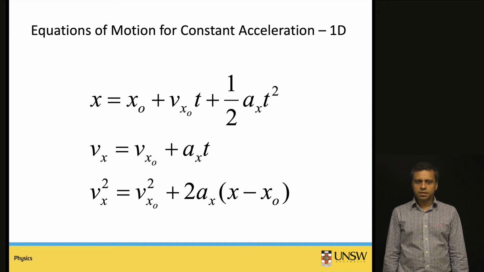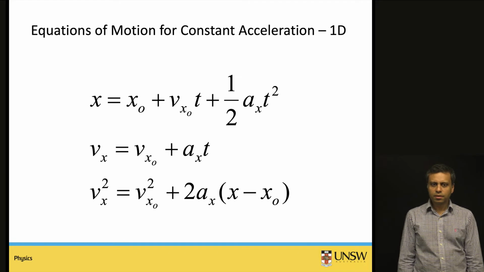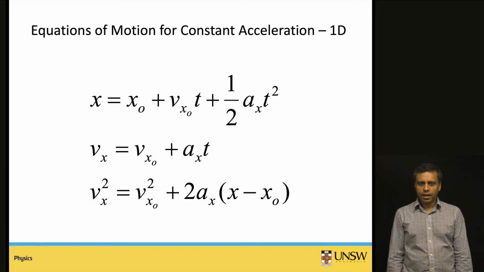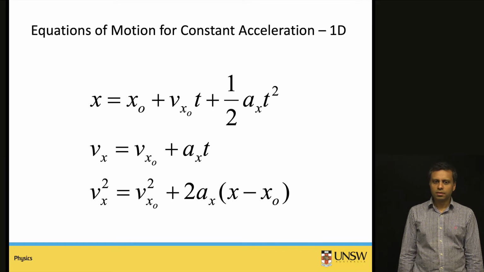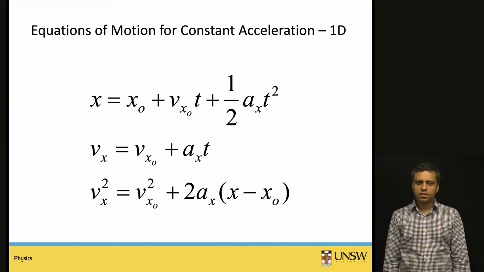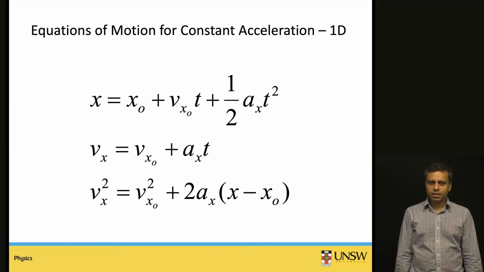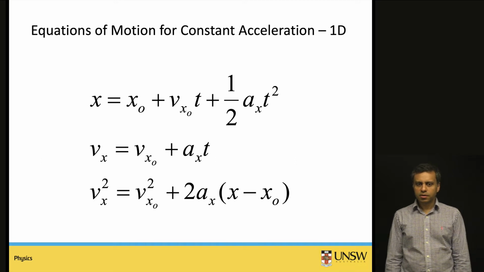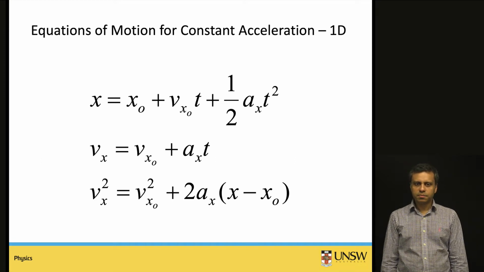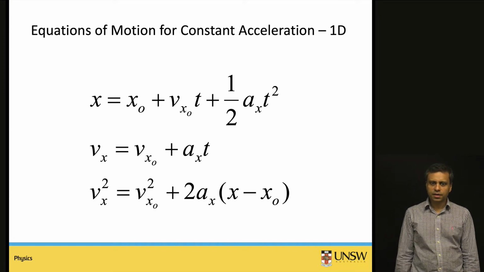So the first equation gives you the position of the particle, assuming that the particle starts at an initial position x0, has some initial velocity vx0, and has traveled for some time t. Then this equation: x equals x0 plus vx0 times t plus half times ax times t squared. So this gives you the position of the particle at some time t.